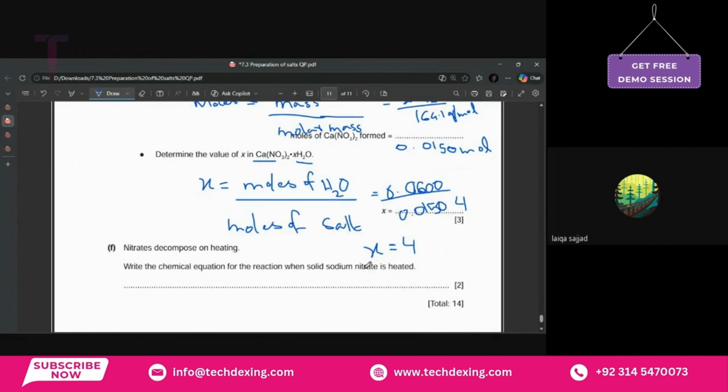Okay. Then you're given that nitrates decompose on heating. Write the chemical equation for the reaction when solid sodium nitrate is heated. You have to write the chemical equation for it.